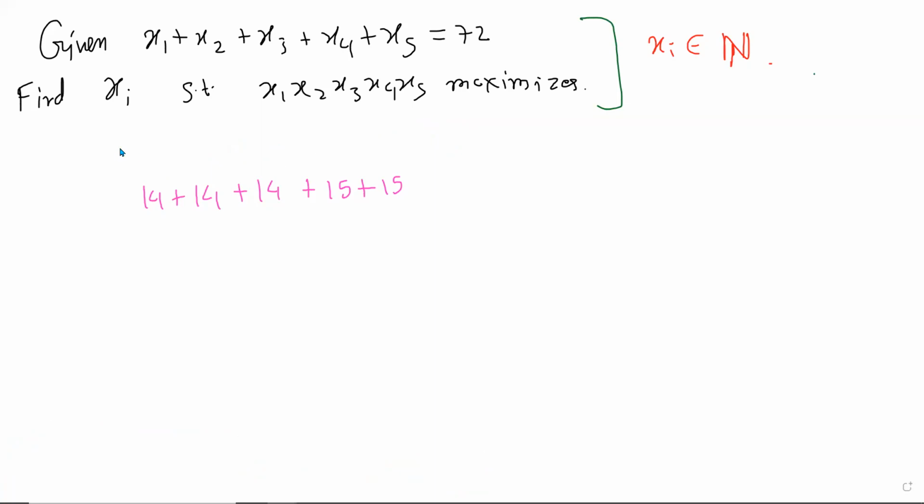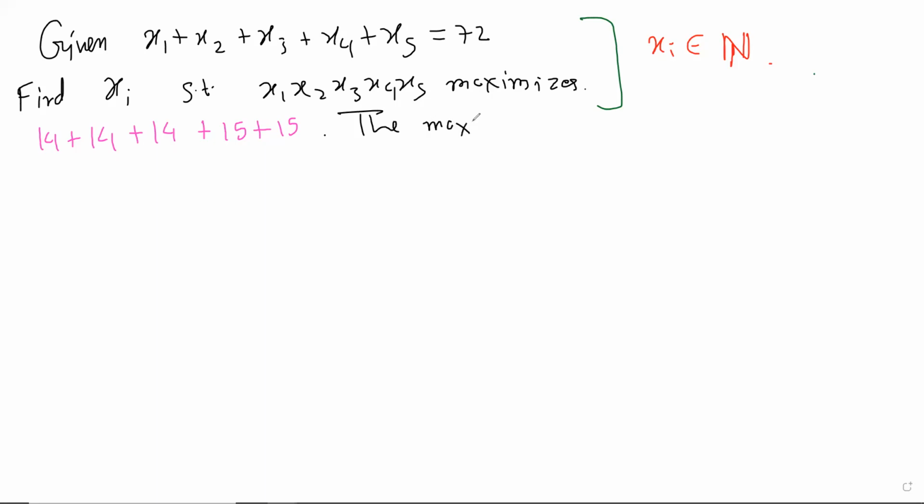So let's just put this. The maximum is 14 cube times 15 square. This is the maximum product.